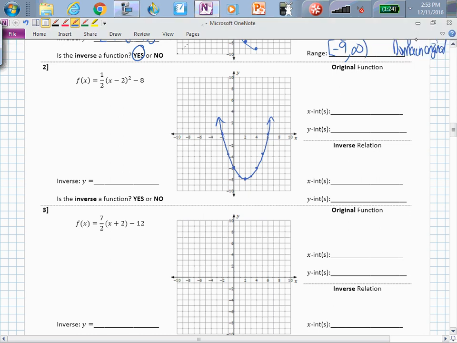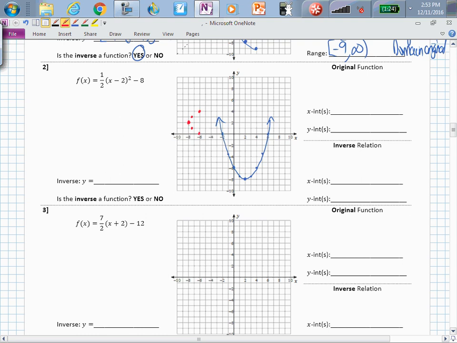Alright, so we have the quadratic graph. Let's do the inverse. So vertex is 2, -8, so -8, +2. And then this is a little bit trickier to think about, but it is 3 and -7.5, so -7.5 and 3. Or we can just follow the shape of it. I know that it goes over 2 up 2, so I can go over 2 up 2 both sides.